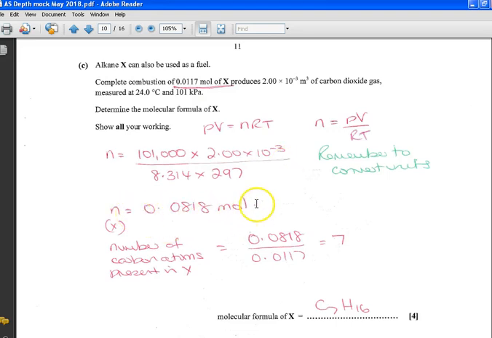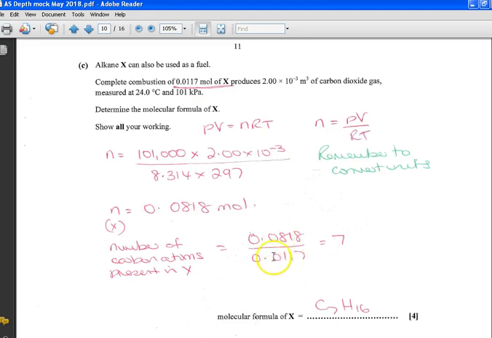So we can work out how many moles of X we've got. Now, we know that if it's complete combustion, the ratio of CO2 to the carbon in your alkane will be 1:1. So we've got the number of moles of X, and then we're told that complete combustion of that many moles of X produces this much carbon dioxide.